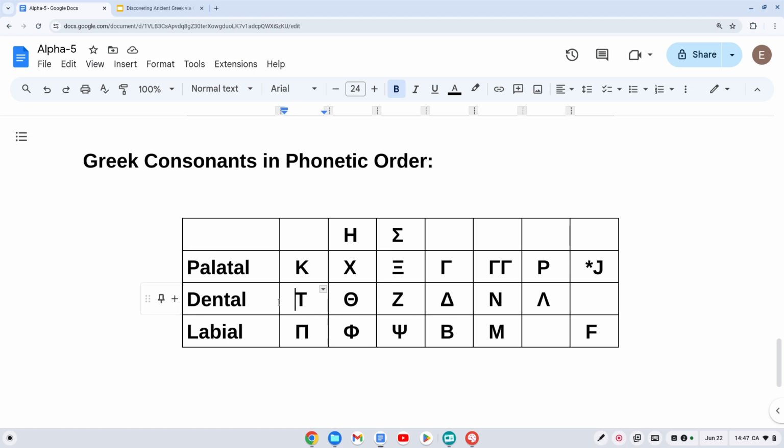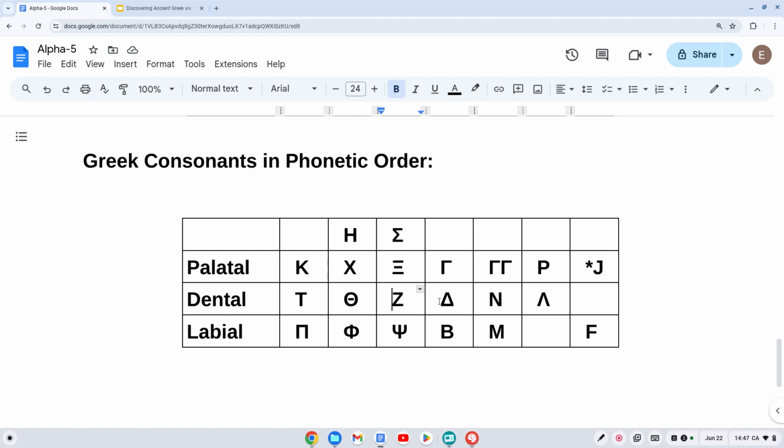Okay, then there's dentals, where you use your teeth, and you got t, then you got th, that's the theta, and then you got the Z, what looks like a Z is zeta, could sound like a TS, tau sigma, or it could sound like a DS, z, or it could sound like an SD, zd, depending on the word.